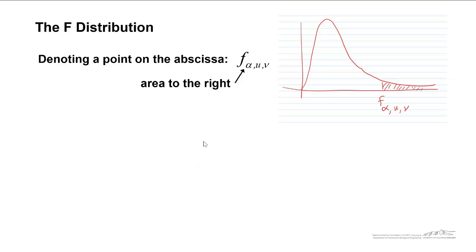Just like the other probability density functions we've been working with, we can denote a point on the abscissa that corresponds to the area to the right when we have that in a subscript. So here, if this is the F distribution, F of alpha with U, numerator degrees of freedom, and nu, denominator degrees of freedom, we can denote that as F alpha U, comma nu, and that has alpha to the right.